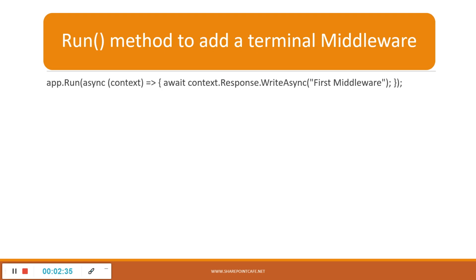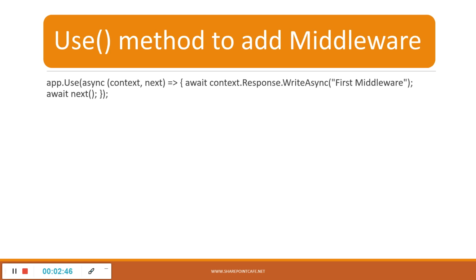The syntax to add a terminal middleware is app.Run(async context => ...). For the Use method, it is app.Use(async (context, next) => ...), and you can see we have called await next(). This is the syntax to use the Use method for middleware.